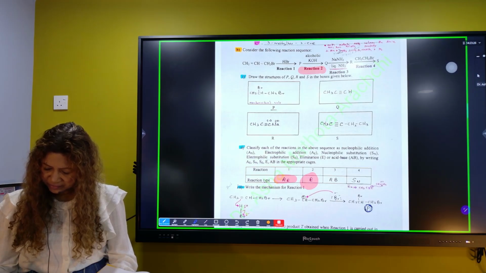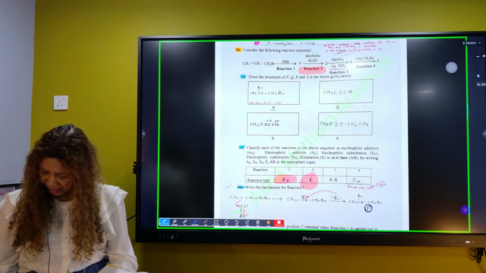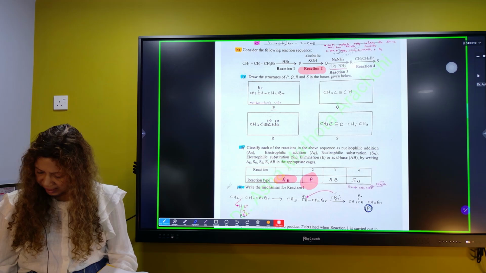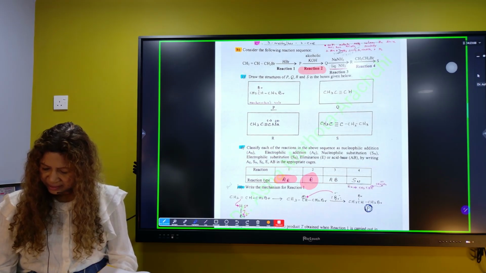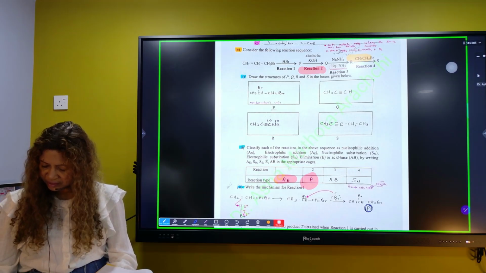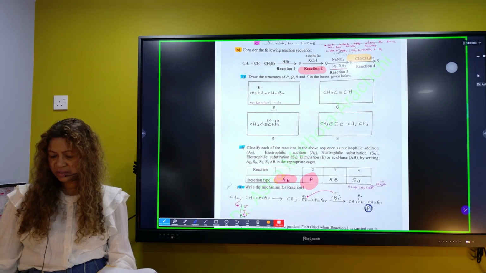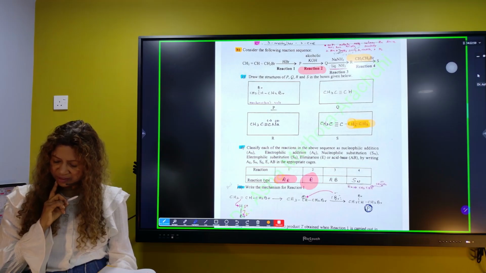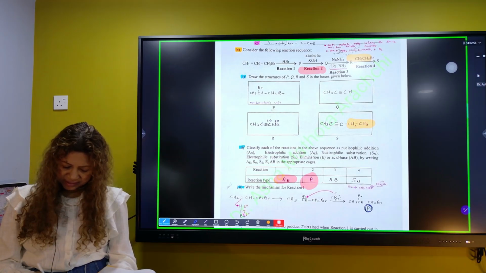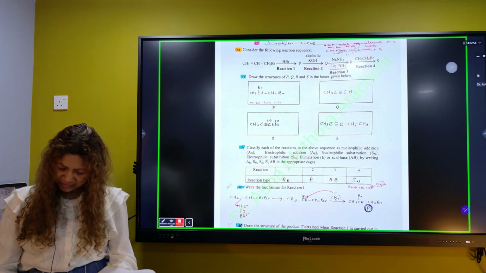And the last one, with respect to our initial one, is this. With respect to the alkyl halide, this is nucleophilic substitution. The acetylide ion is a nucleophile. That again we have done already.